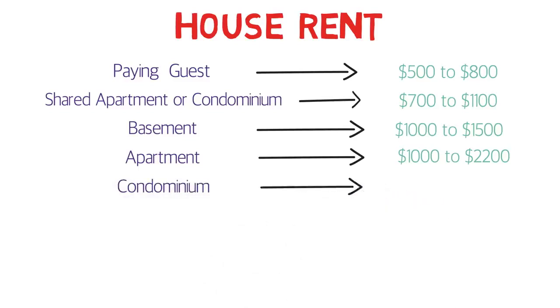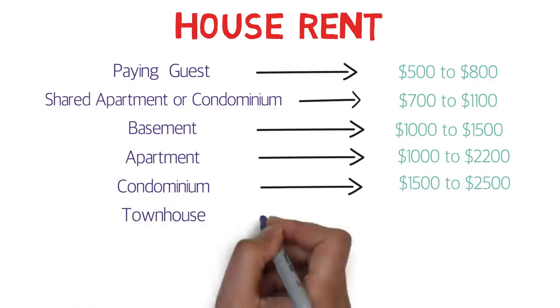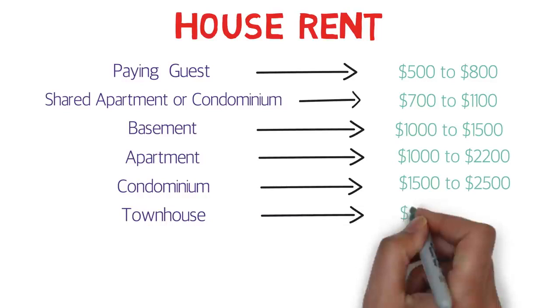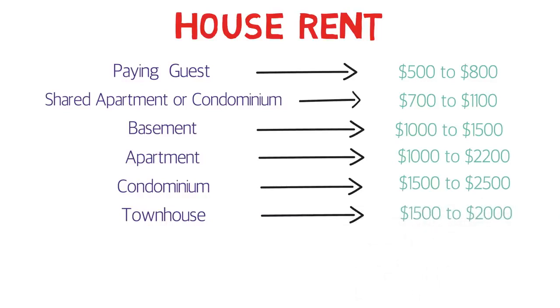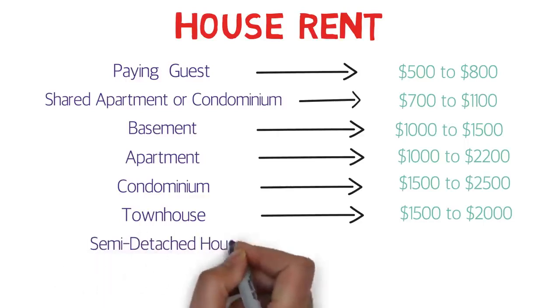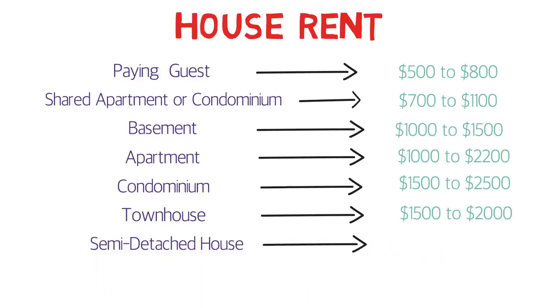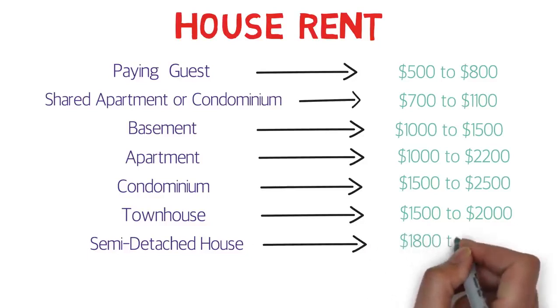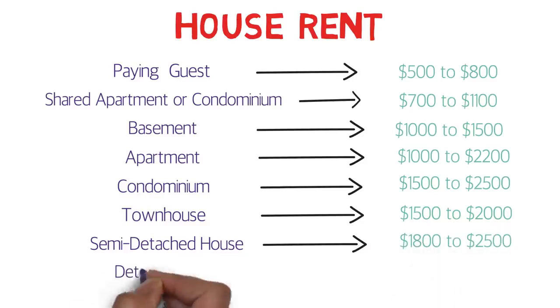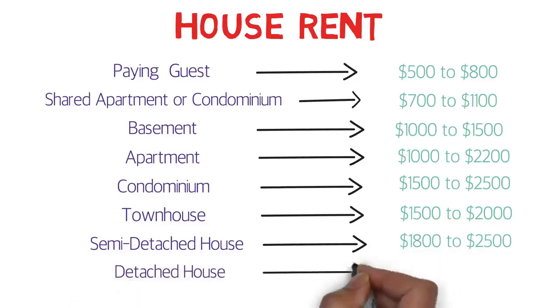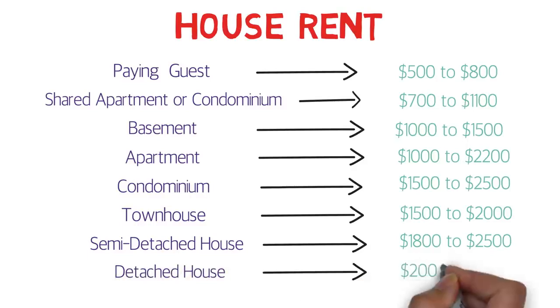A condominium would cost you something like 1,500 to $2,500. A townhouse would cost you similar, probably a bit cheaper on the higher end, something like 1,500 to $2,000. A semi-detached house would cost you something like 1,800 to $2,500, and a detached house would cost you the most, that would be 2,000 to $3,500.